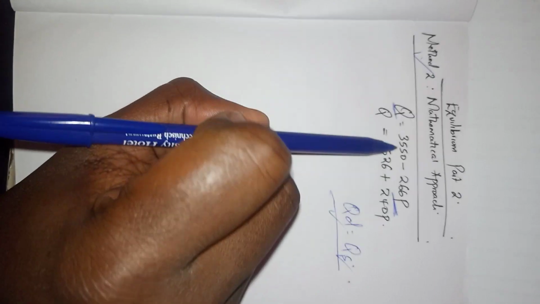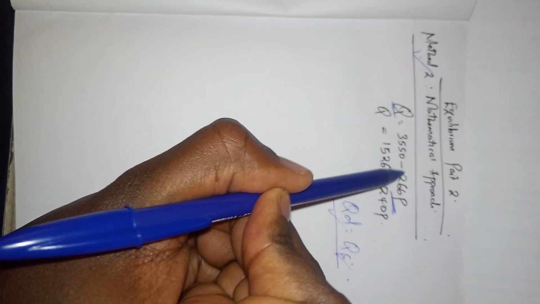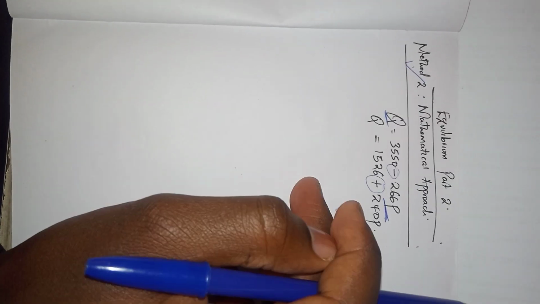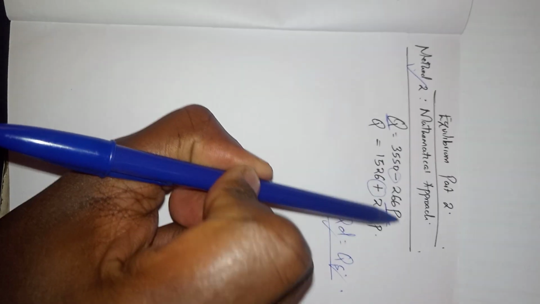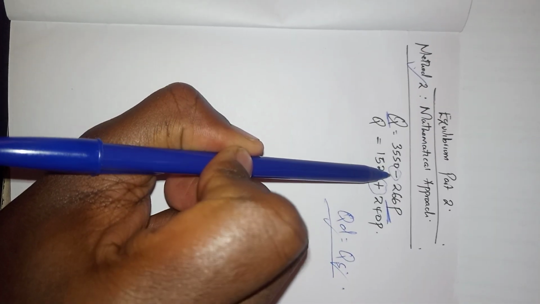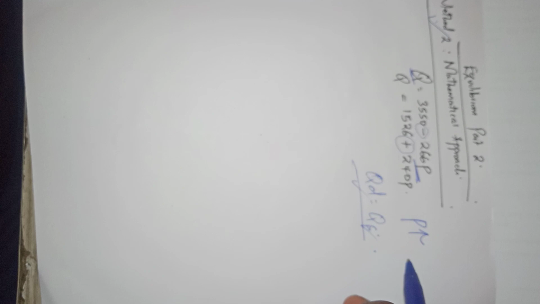So in this first equation, we have a negative sign, and in the second equation, we have a positive sign. So the relationship between quantity and price in the first equation is negative. That means when prices are up, the quantity demanded is low.